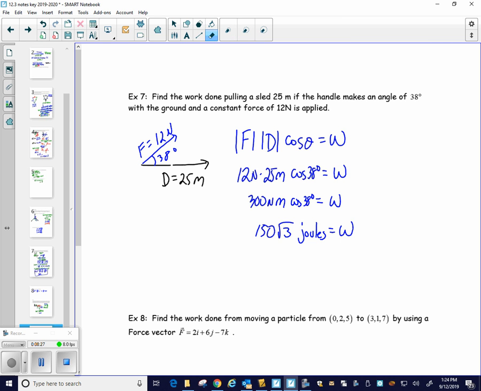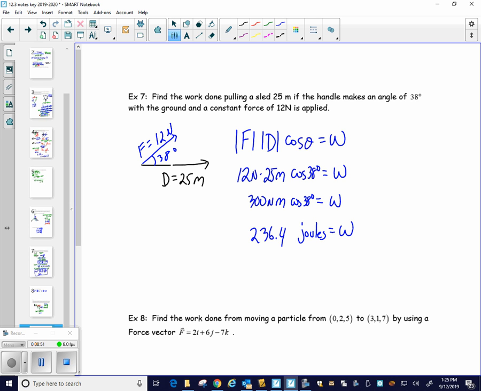This is not something I can figure out without plugging it into a calculator, and we get 236.4 joules or so. That's the amount of work done to pull that sled over a 25 meter distance.